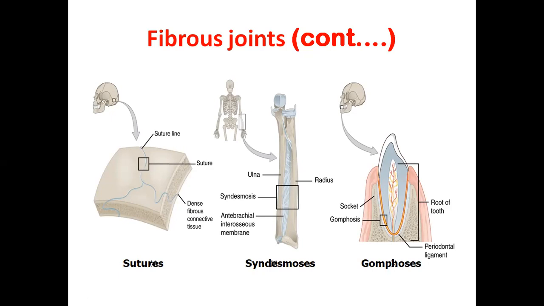These bones have a border called interosseous borders facing each other. So these borders are on these surfaces. They are connected with each other by a membrane and a ligament. This membrane is called interosseous membrane, and the ligaments are present for attaching these bones. So this is the example of the syndesmosis.